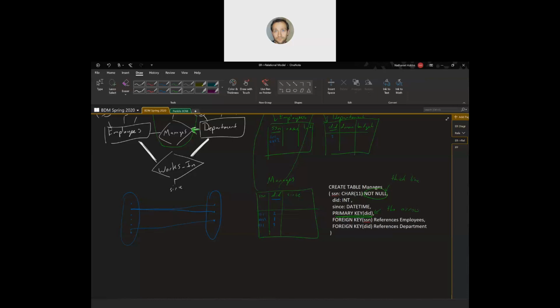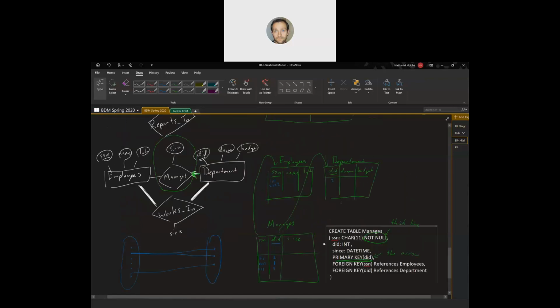Can't two tables not have the same primary key? I don't think that there's an issue with this. No. Does it matter which direction the arrowhead follows in terms of DID manages table, DID department table, or other direction? You mean here, if I draw the arrowhead here, or if I draw the arrowhead here?